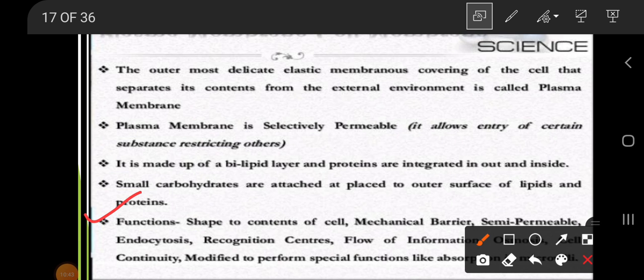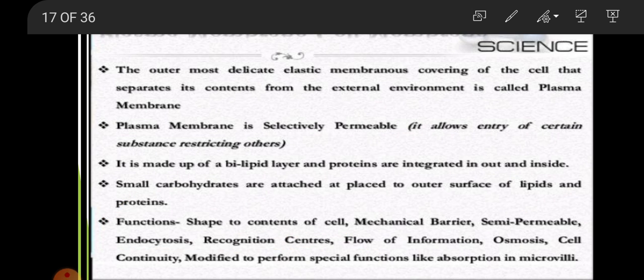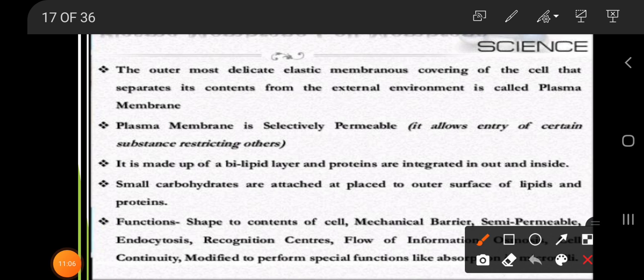And what is the main function? This can be asked as a 2 marks question, so just keep in mind what the functions of the plasma membrane are: shape to contents of the cell, mechanical barrier, semi-permeable, endocytosis, recognition center, flow of information, osmosis, cell continuity, modified to perform cell functions.